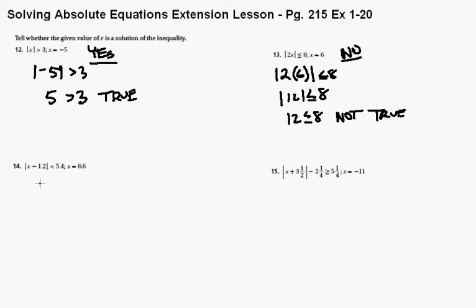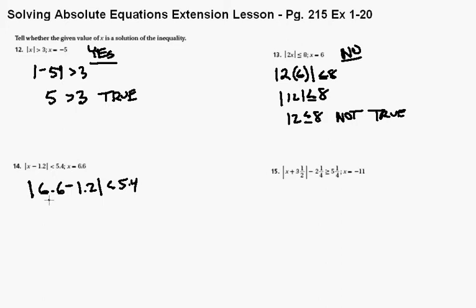Going to this one. Here I have the absolute value of x minus 1.2 less than 5.4. If I replace x with 6.6, now we have the absolute value of 6.6 minus 1.2 less than 5.4.